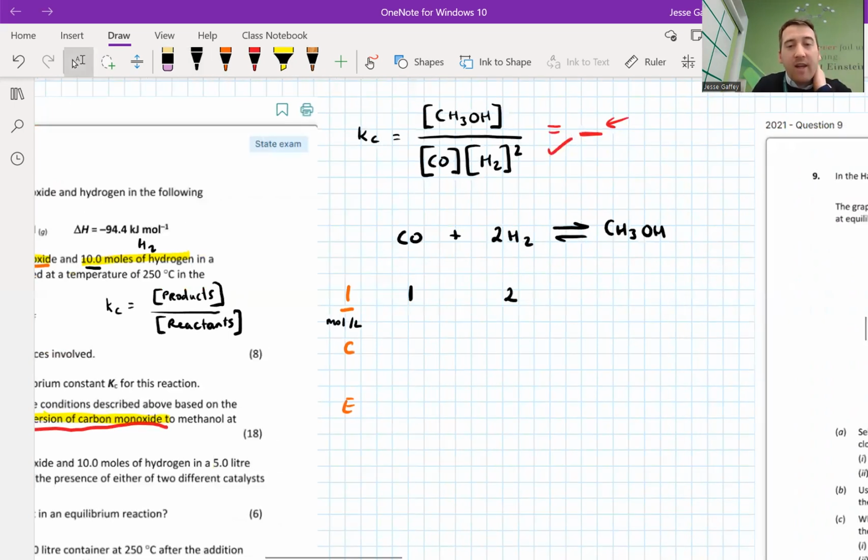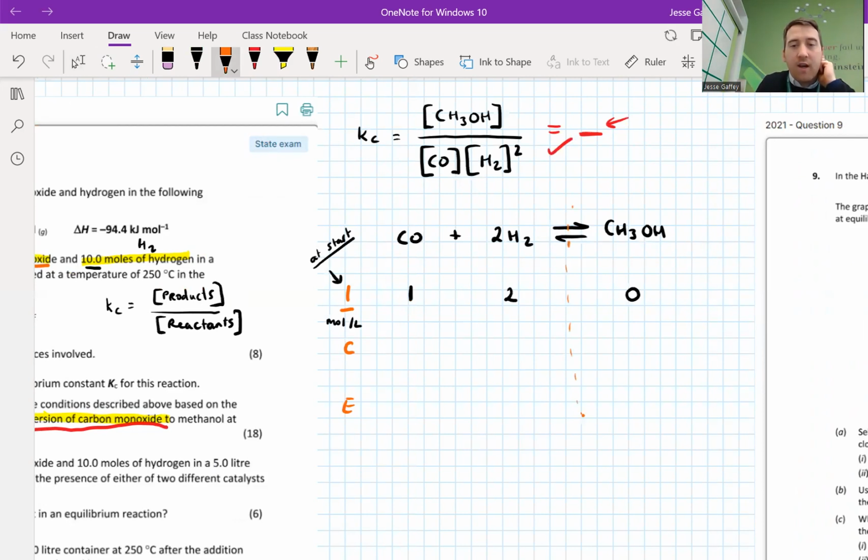Now, if we think about it, the initial concentration, of course, means at the start. And at the start of any reaction, we never have any product. So I have 0 moles per liter of my product. I'll always have 0 moles per liter of product at the beginning of any reaction.